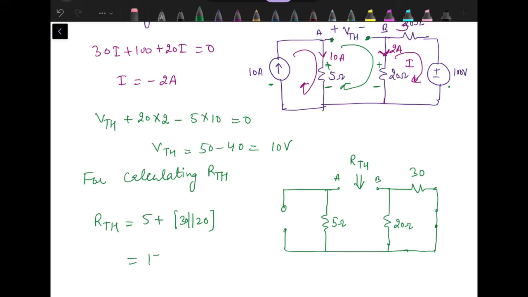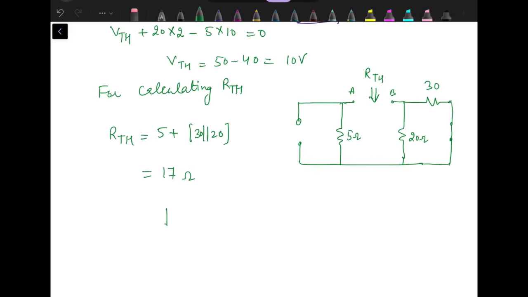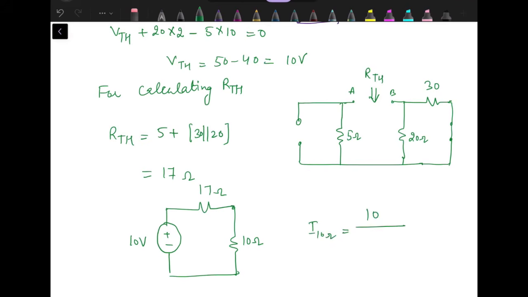So which will give us the value of RTH as 17. So we get the Thevenin equivalent as 10 volts, 17 ohm, and here we have the load resistance 10 ohm. So I 10 ohm will be 10 upon 17 plus 10, 0.37 ampere.